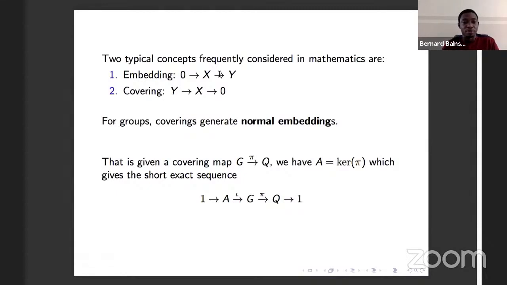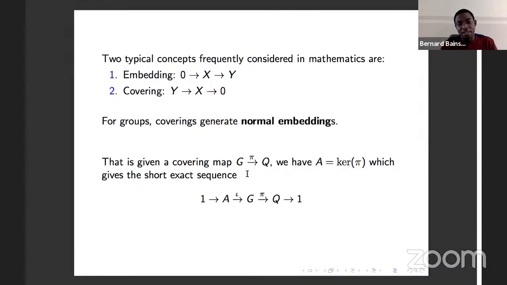For example, if you have a covering from Y into X, it's mostly just a surjective map. You can find the kernel of that surjective map, and this put together can give us a short exact sequence of this form.